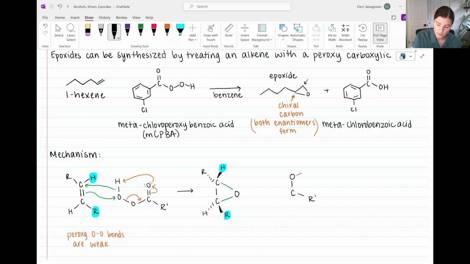So that's no longer where that carbonyl exists. We have the carbon to oxygen bond down here, and now this is where that double bond is. We have our electrons. So we have our epoxide with stereochemistry.